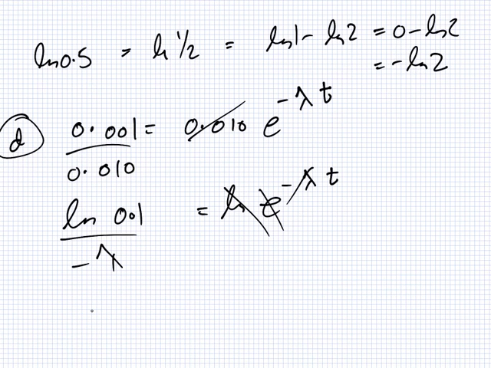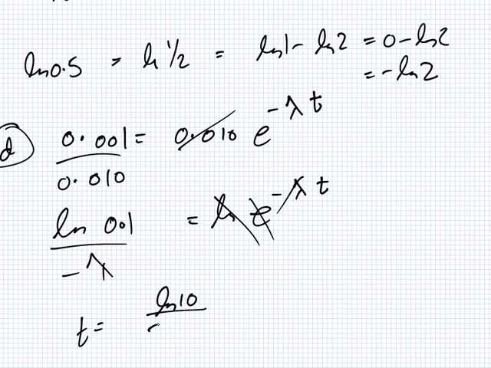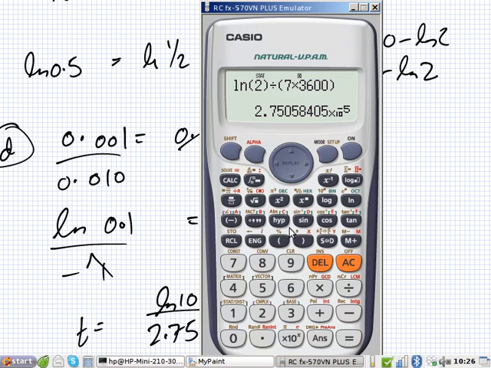Cancelling with the minus there means that t equals log 10 over lambda, which we said is 2.75 times 10 to the minus 5, which, if you want to save even more typing, comes up to the top to be 10 to the 5. So you have log 10 divided by 2.75 times 10 to the minus 5.